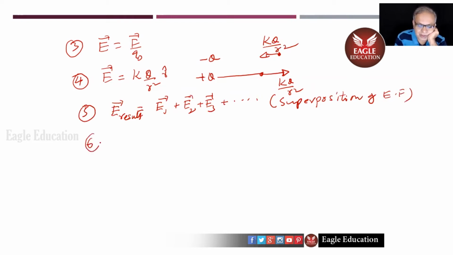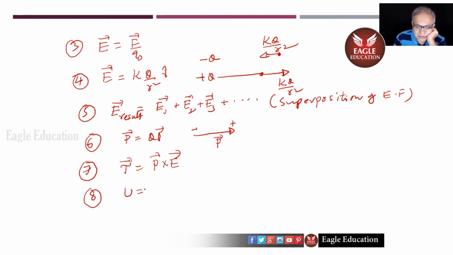Then dipole. Dipole moment vector P equals Q L bar. Direction is from minus to plus. 7. Tau equals P cross E. 8.